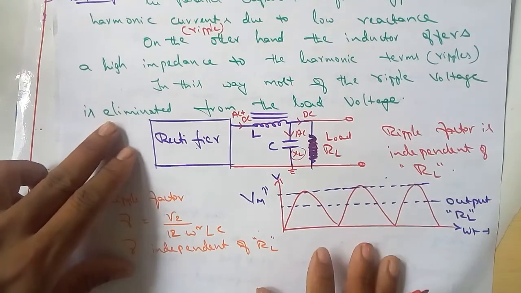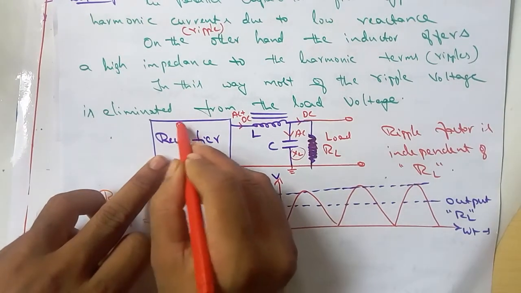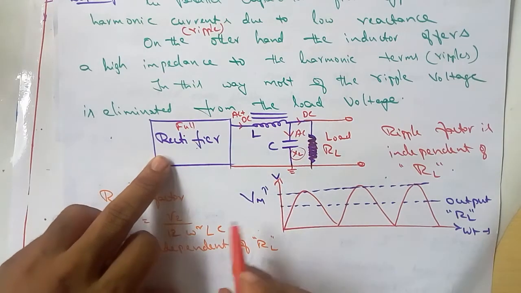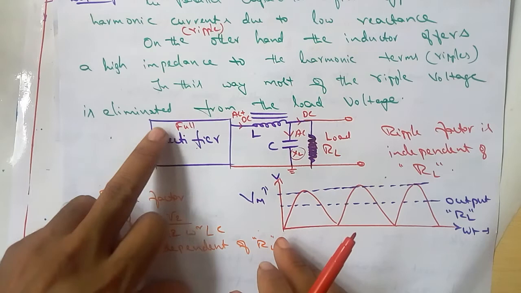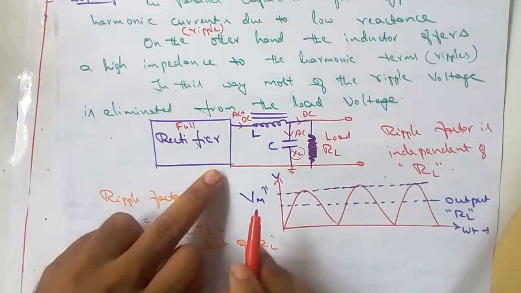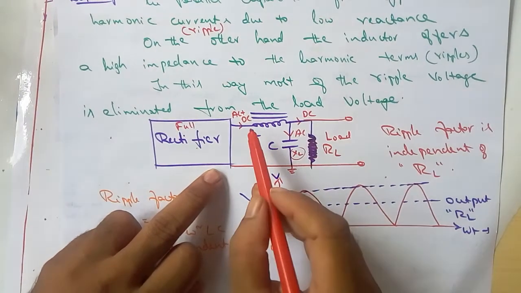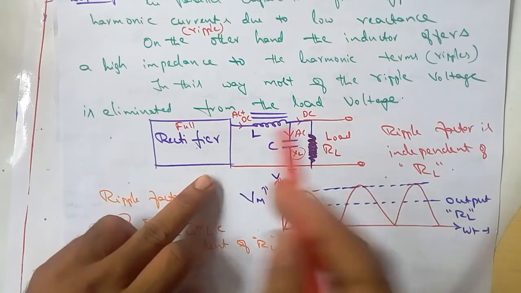Now coming to the diagram. Here this is the full wave rectifier. This is suitable for only full wave rectification. At its output, both AC and DC are there. Now inverted L, I told you, the alphabet L inverted.